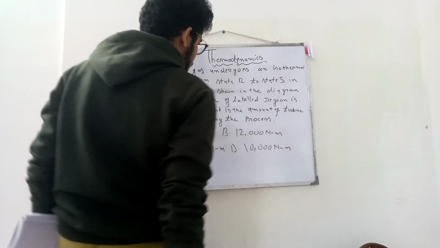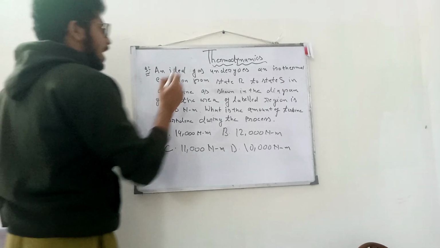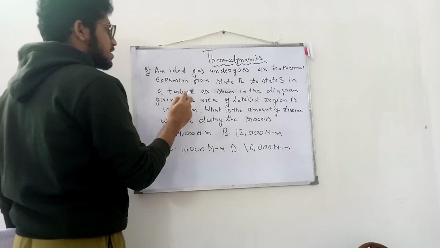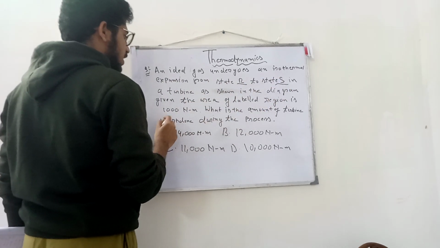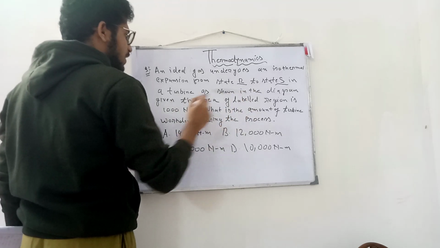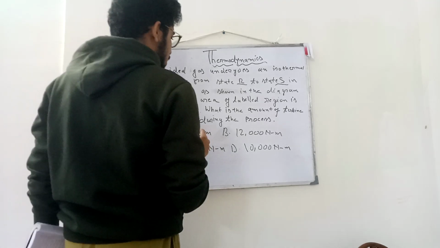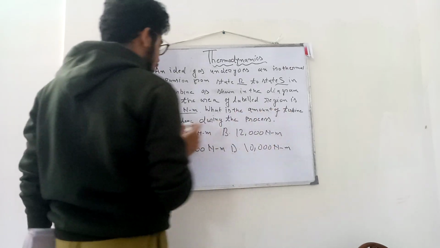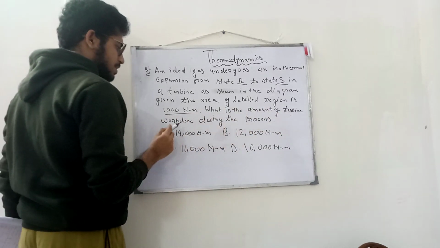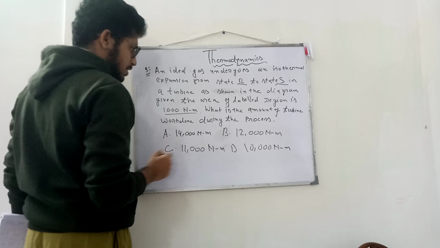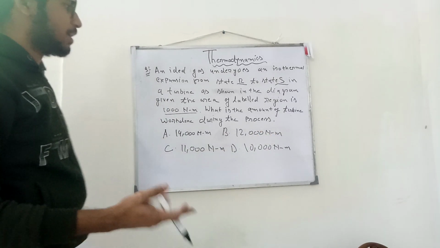This is a very interesting question, so note it down fast. The question is saying an ideal gas undergoes an isothermal expansion from state R to state S in a turbine, as shown in the diagram. Given the area of the labeled region is 1000 Newton meter, what is the amount of turbine work done during the process? So we have to find out the work done by the turbine.